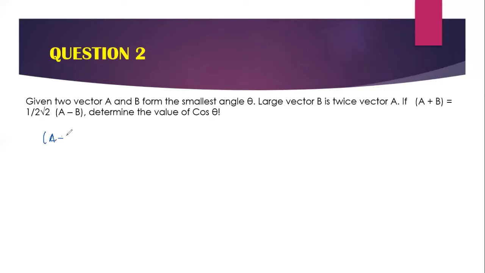A plus B equals a half root of 2A minus B. Okay, students, this is the formula. A plus B equals the root of A squared plus B squared plus 2AB cosine theta, right? Let's say this one is A, this one is B, and this one is theta. But in root, don't forget it, in root.